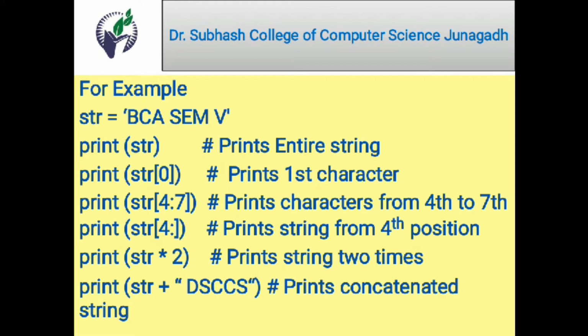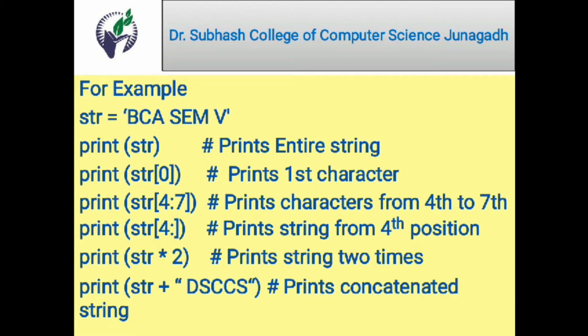So the first character is index 0, then index 1, then 2, blank here is 3, 4 is S, E is 5, M is 6, blank is 7, 5 is 8. So BCA SEM5 actually consists of 9 characters, positions from 0 to 8. So the first line str[0] will print the first character, that is B.